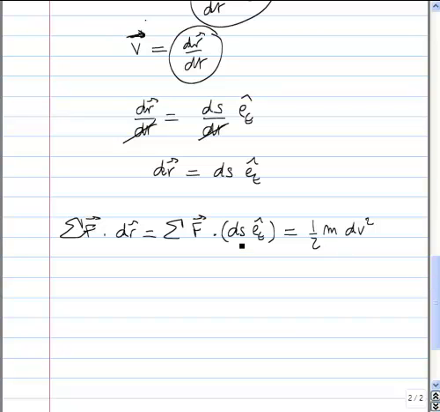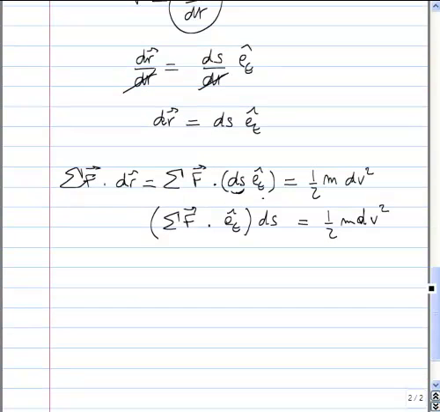So this is a scalar, we can take it out, so we can group this and this. So you have sum of the forces dot et times ds is equal to 1/2 m d v squared.